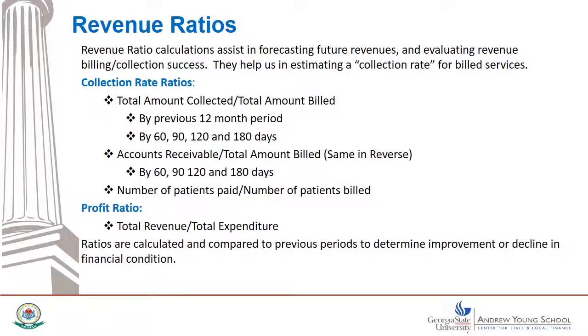Now there are three collection ratios. First, total amount collected divided by the total amount billed. This can be over any time horizon, such as the previous 12 months, 30, 60, or 90 days. It's useful to compute all of these as collection rates can change over time.